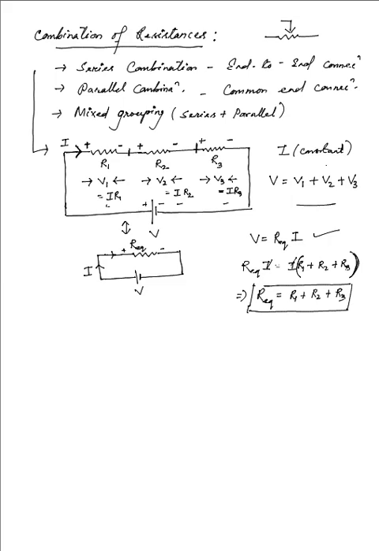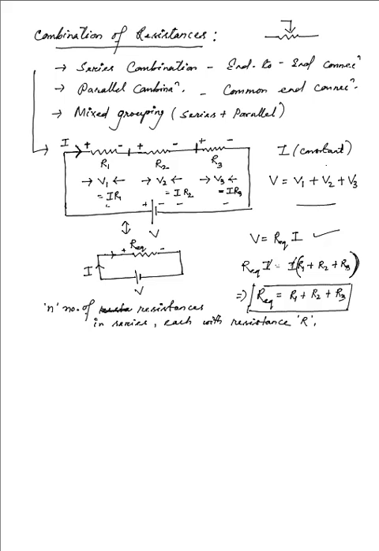Now, had these resistances been of the same value, then we would have had just 3 times R. Let us say we have n number of resistances in series, each with resistance R. Now each with resistance R means that we can just add them up.